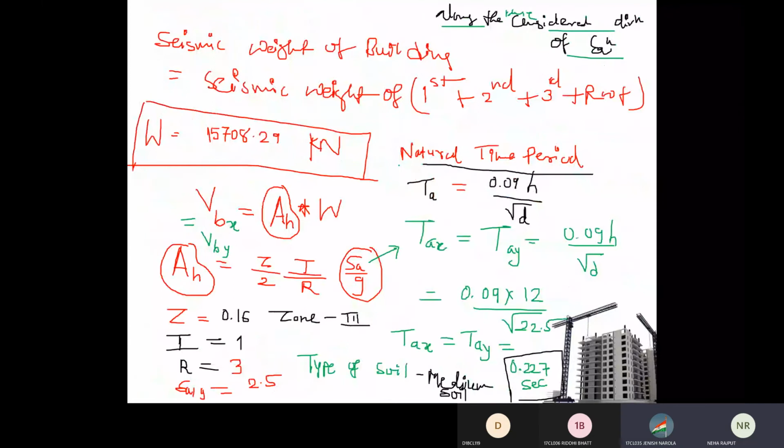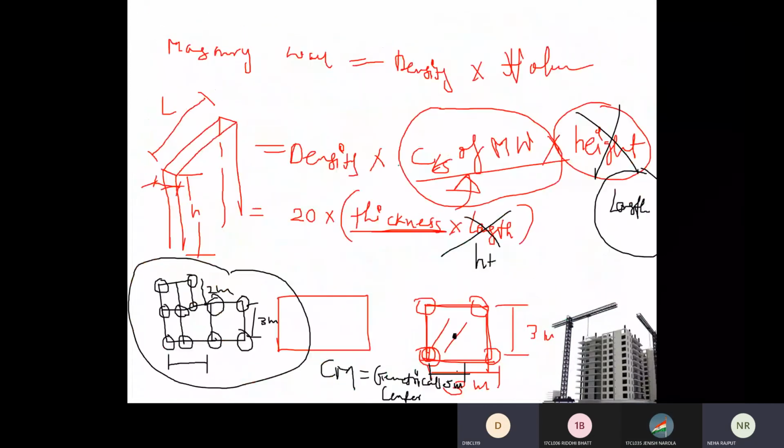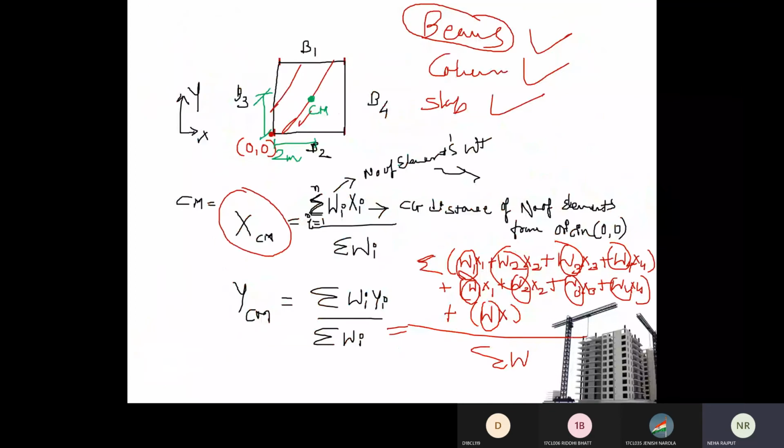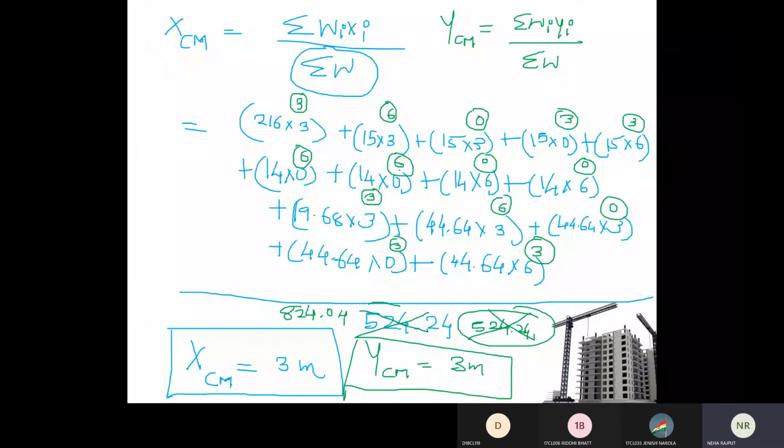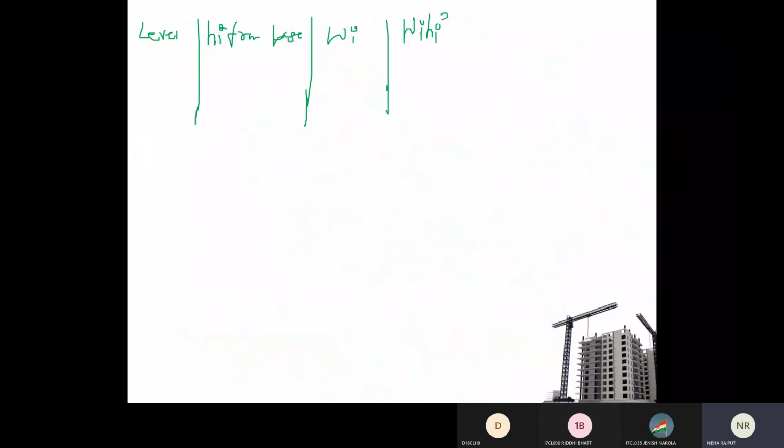Wi hi square upon sigma Wi hi square, and hi square, yes. Not VB here. Qi is equal to VB into Wi hi square upon summation of Wi hi square.